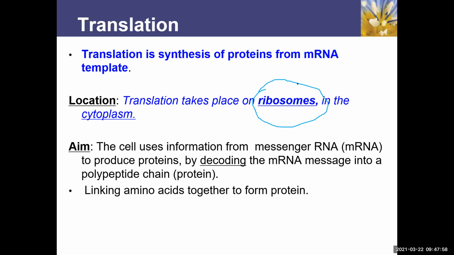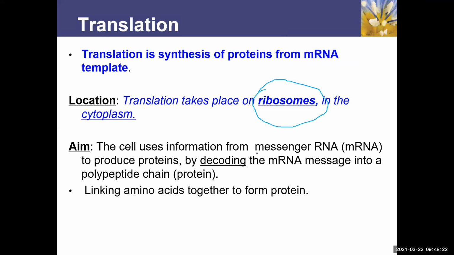We cannot make a protein unless we have a ribosome where this protein will be made. We cannot make the protein unless you have someone who can act as a translator, converting the information on the mRNA into information which can be read by the ribosome, right? And that is your tRNA.